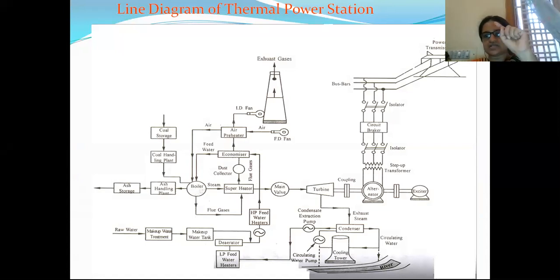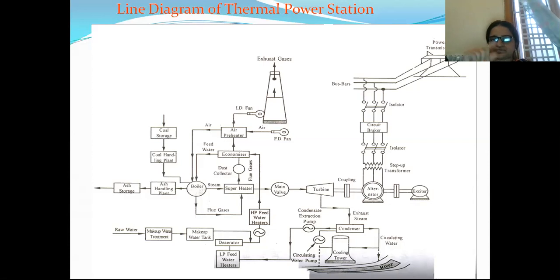The induced draught fan is nearer to the chimney. This chimney will expel gases out of the thermal power plant. Whatever gases come out in the thermal power plant will be expelled through the chimney. This induced draught fan will be attached between the chimney and the dust collector.